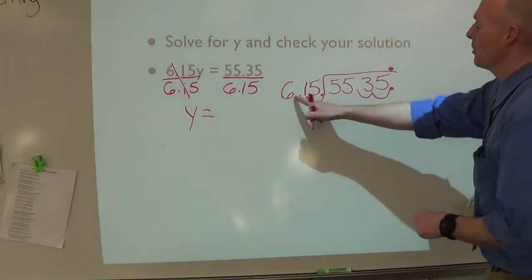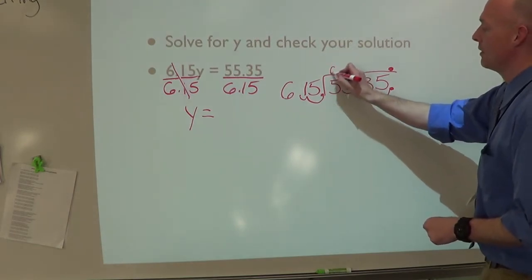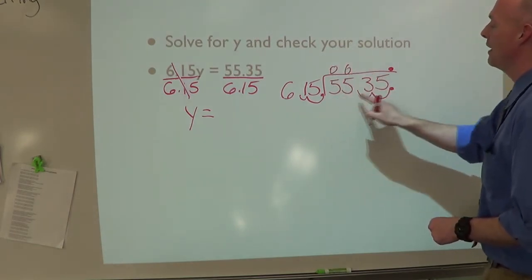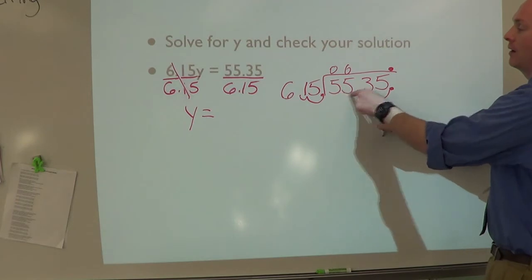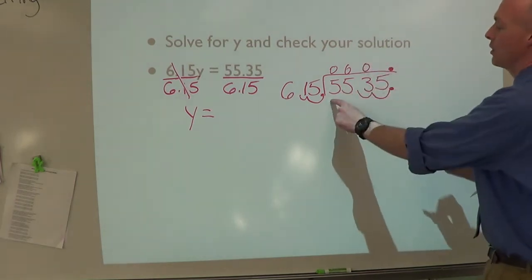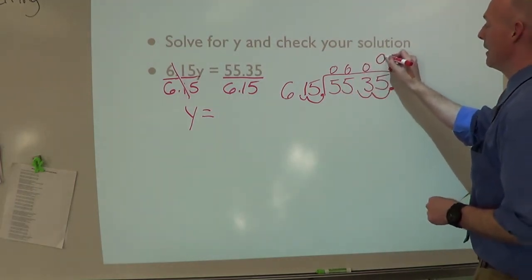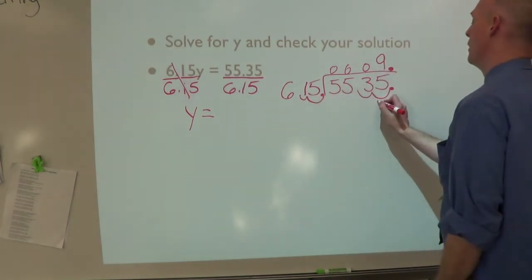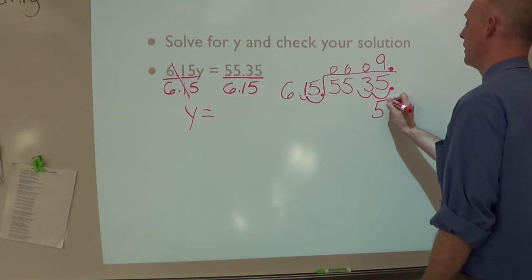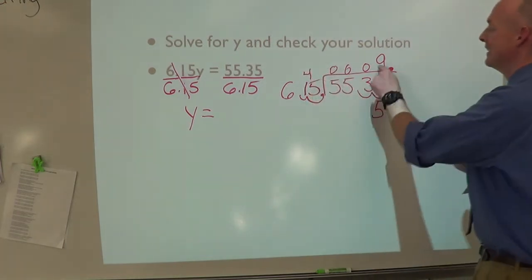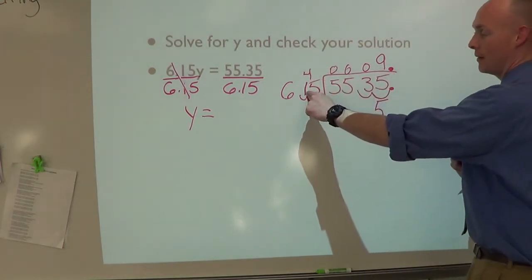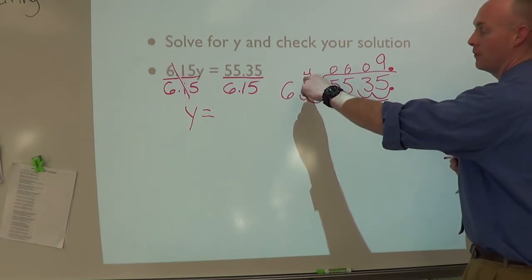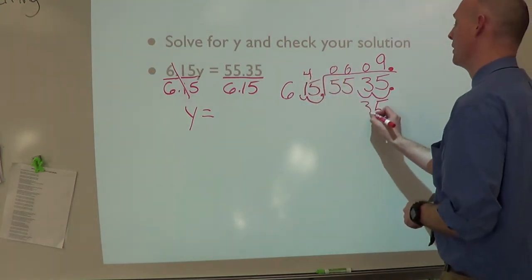So here we go. It can't go into 5, we said. It can't go into 55. It can't go into 553. So we thought 9 might be the answer. Let's see. 9 times 5 is 45. Carry the 4. 9 times 1 is 9. Plus 4 is 13.